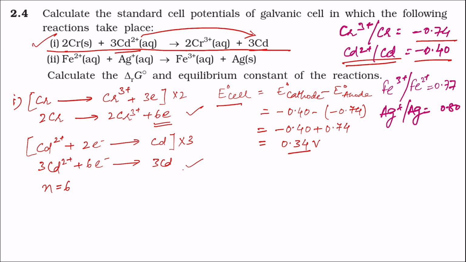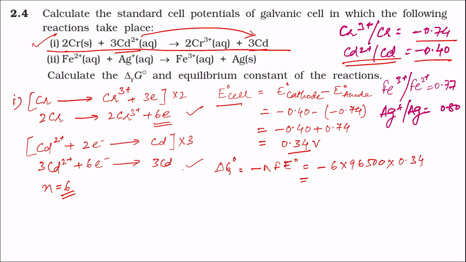Now delta G naught value for this cell will be delta G naught is equal to minus nFE naught. So putting the value, what is the value of n? 6. So minus 6 into 96500 multiplied by 0.34.